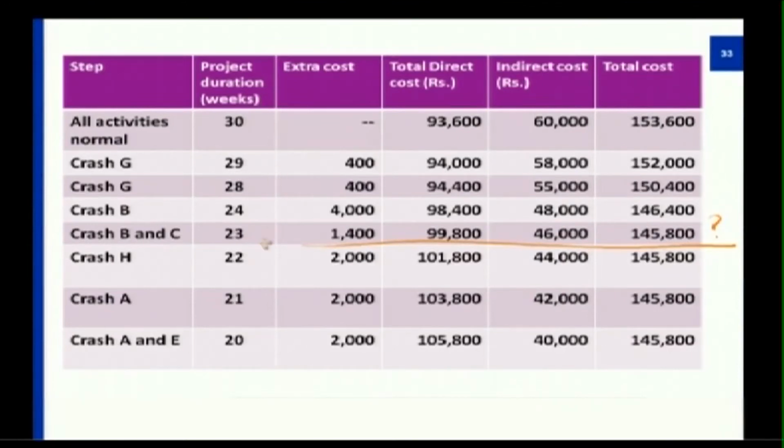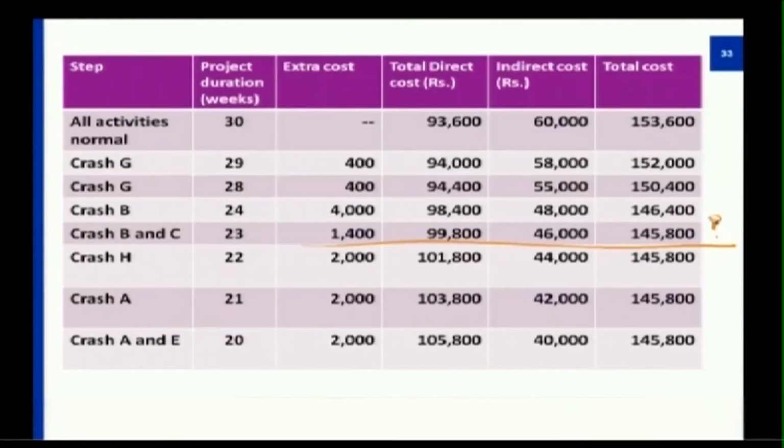So this 7 weeks would be the appropriate time for any developer with an appropriate costing factor. Any reduction after this, say 23 to 22, 22 to 21, 21 to 20, will not impact the cost. So he might not bother about any time reduction.